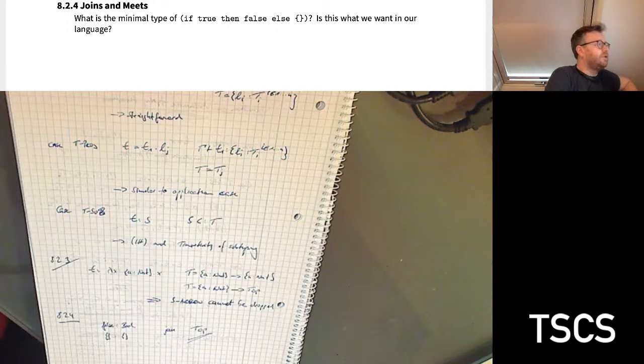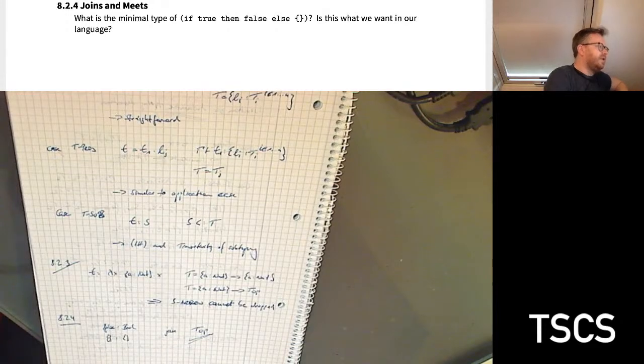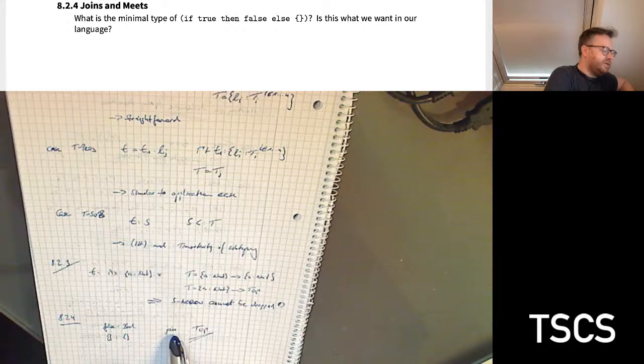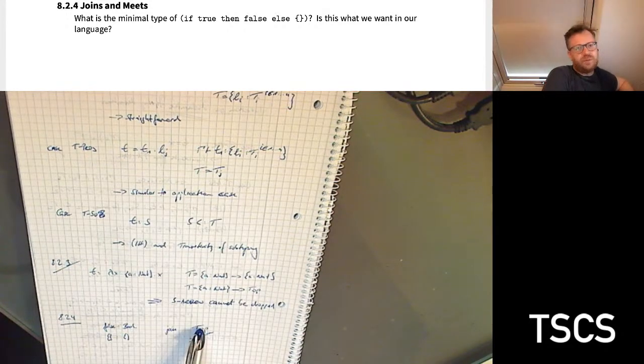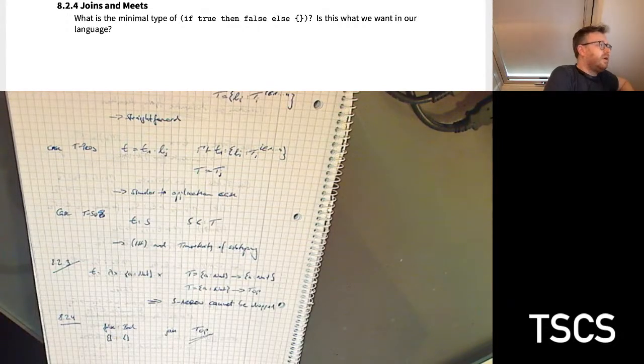Or you can make the join a partial operator, because then not in every case you would result to something. In the join operator, when you cannot find anything else, you result to Top. You would have found that by implementing the current lab, by the way.